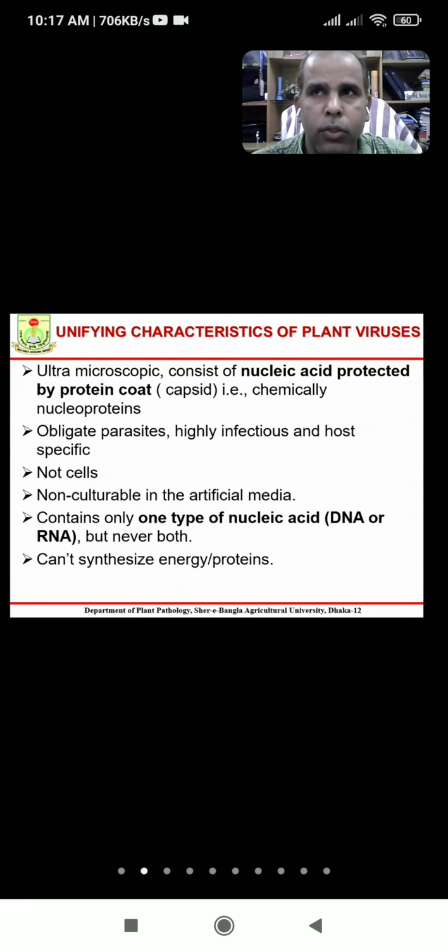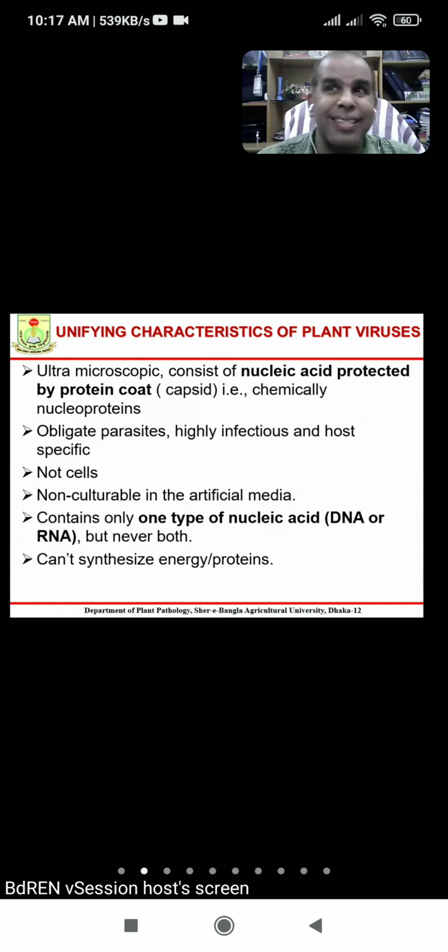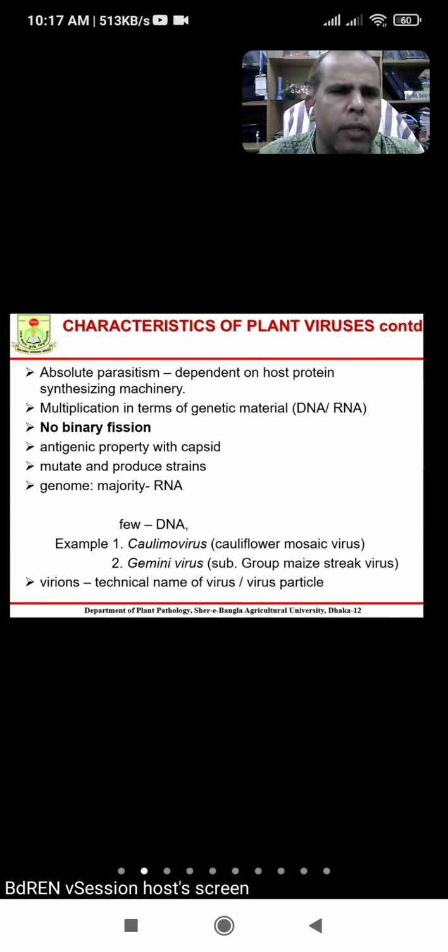It cannot synthesize energy or protein, because it doesn't have cytoplasm, as I already told you. RNA to protein, that protein is basically formed or developed at the cytoplasmic site, but unfortunately the virus doesn't have this cytoplasm, so that is why it cannot produce energy as well as protein.